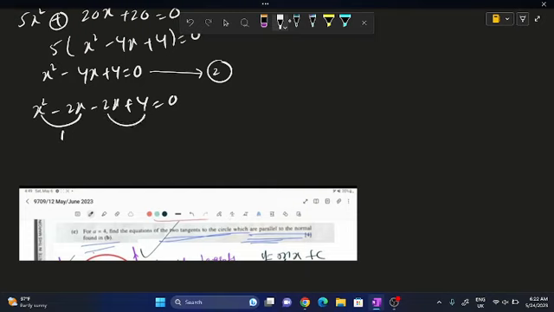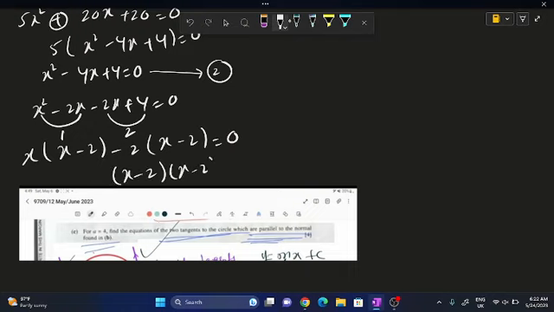This is the first pair, this is the second pair. Take x common, inside you have x minus 2, and inside you have x minus 2 again, which is equal to 0. So as a whole it can be written as x minus 2 times x minus 2, which is equal to 0. Also you can write it as x minus 2 whole square equals 0.